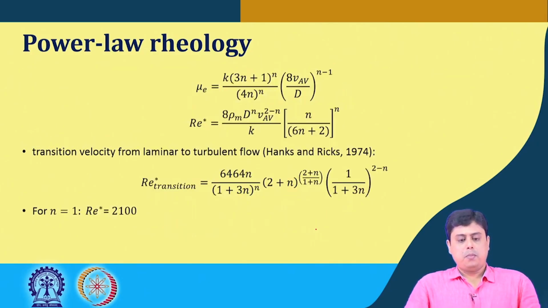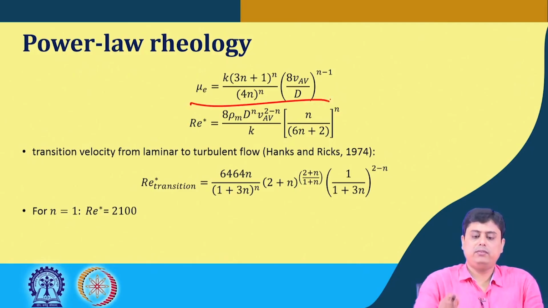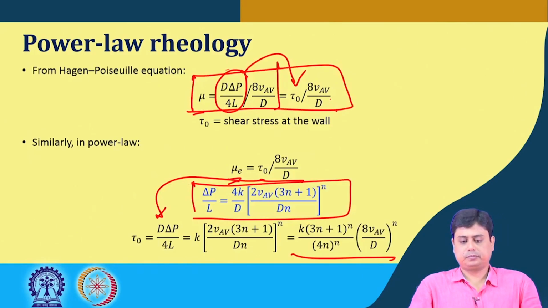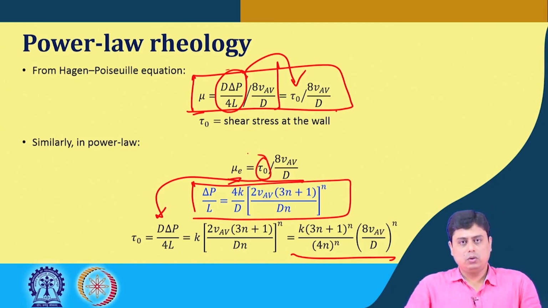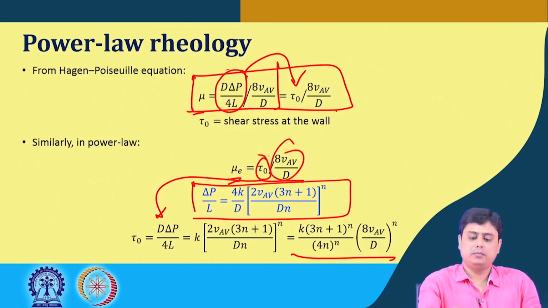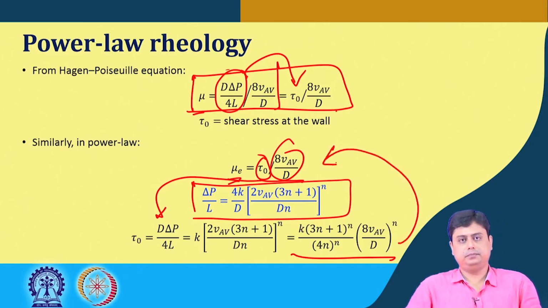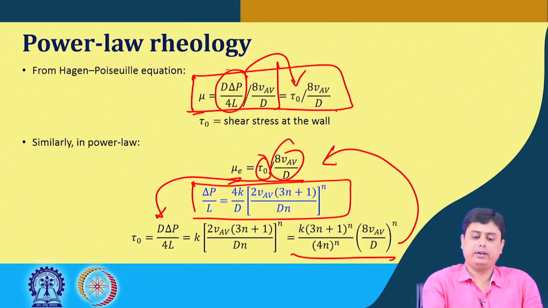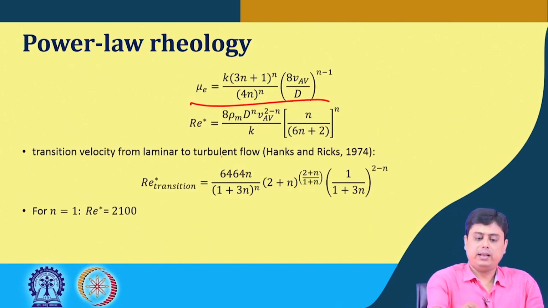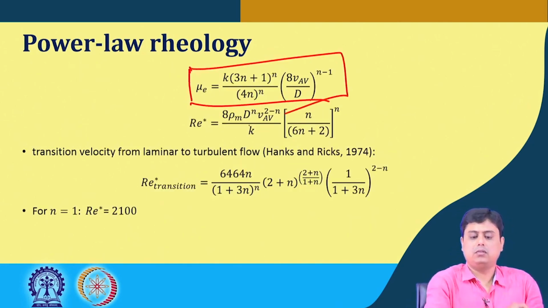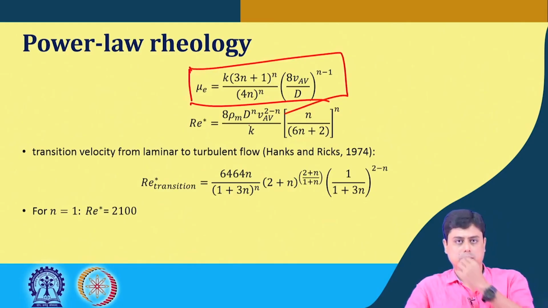So now that means this effective viscosity, which is tau 0 divided by this parameter, if we now substitute this expression here to find the effective viscosity, we can derive this expression for effective viscosity.